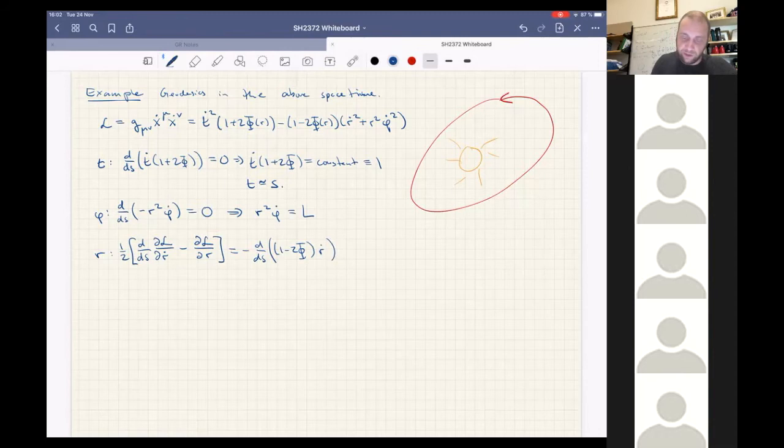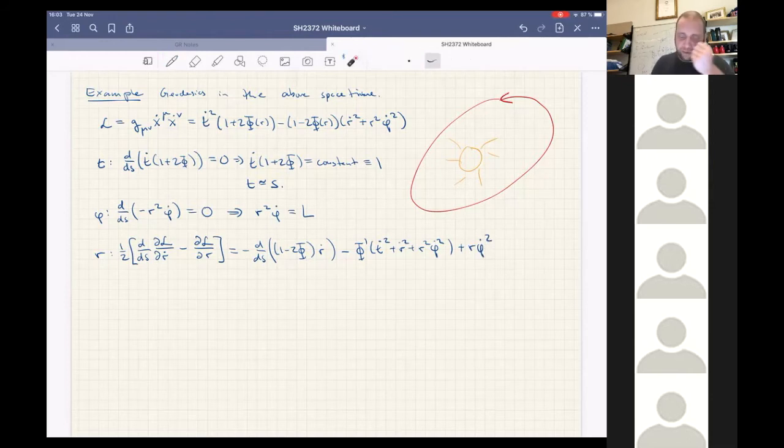That comes from differentiating this here with respect to r dot, minus phi prime t dot squared plus r dot squared plus r squared phi dot squared plus r phi dot squared.